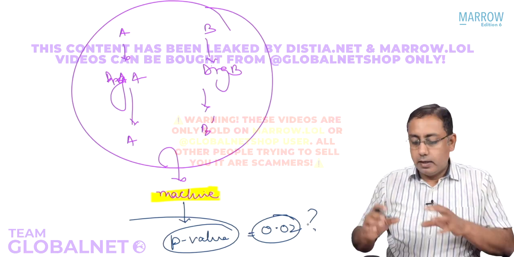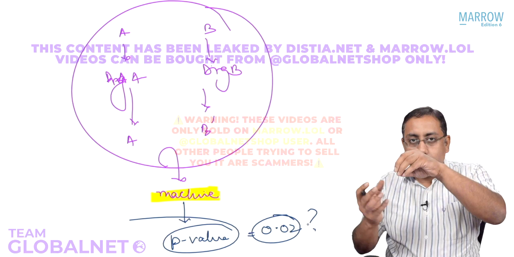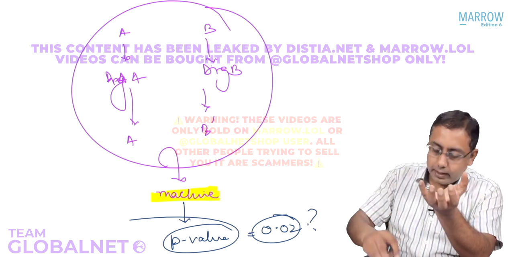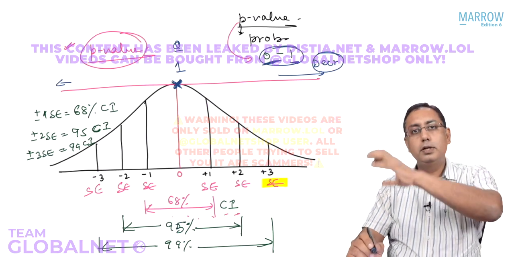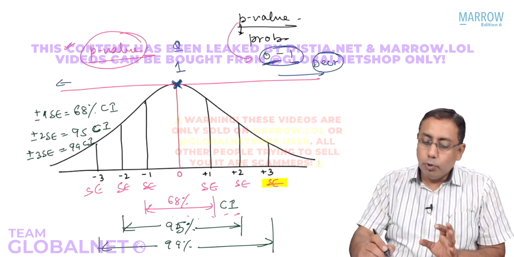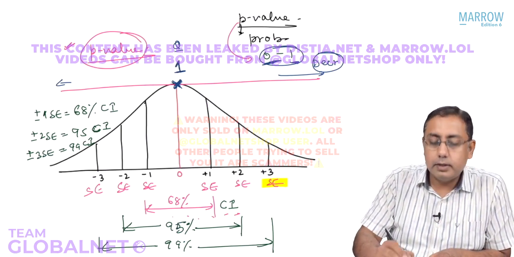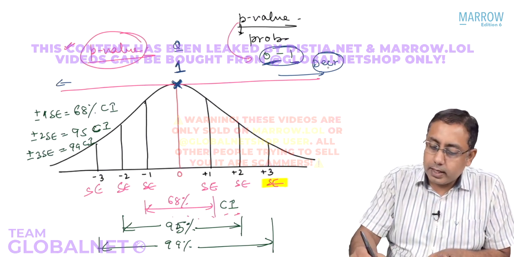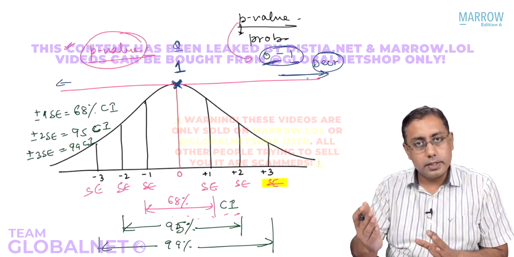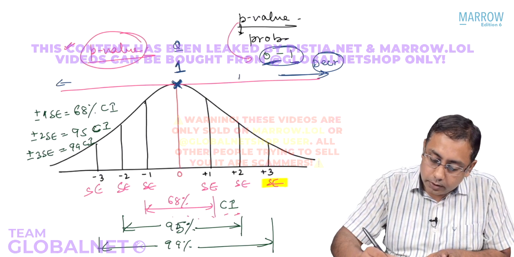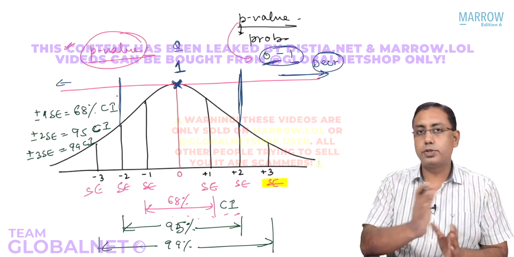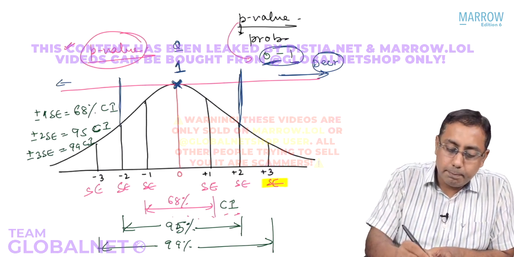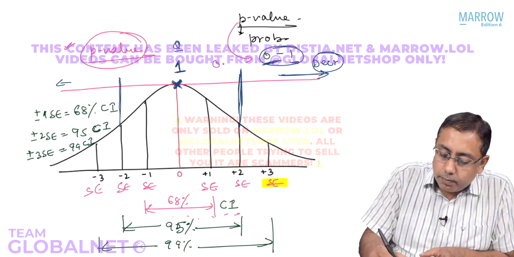Are we okay with this? Now, we take this p-value and I put it on my hand, and I drop it onto this normal distribution curve. You already know that at the center point, the p-value will be 1. As you move away, the p-value decreases. You should also know one more thing, that at plus 2 standard errors and minus 2 standard errors, at both points, the p-value is 0.05.